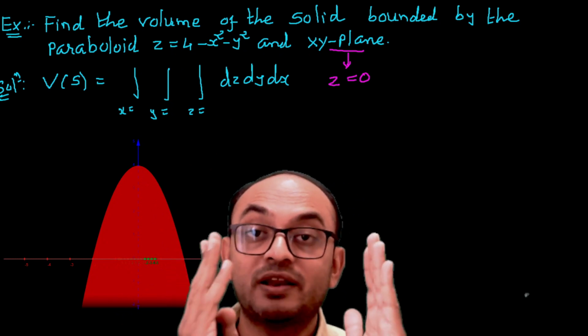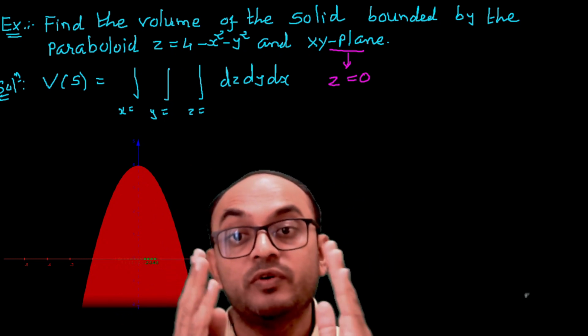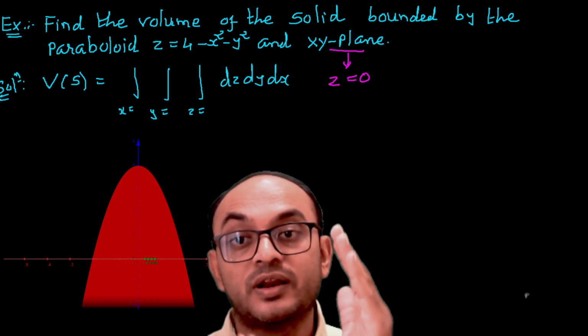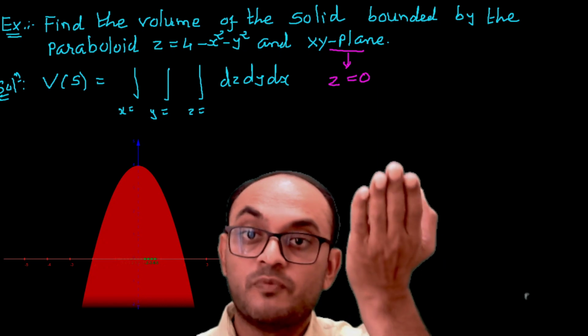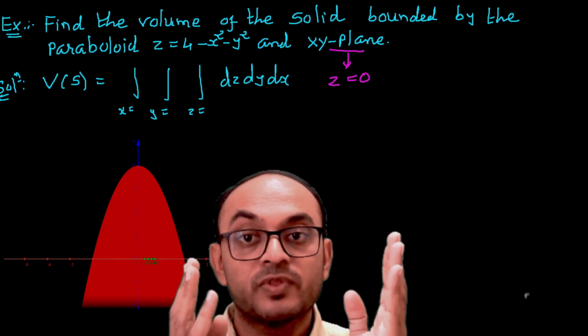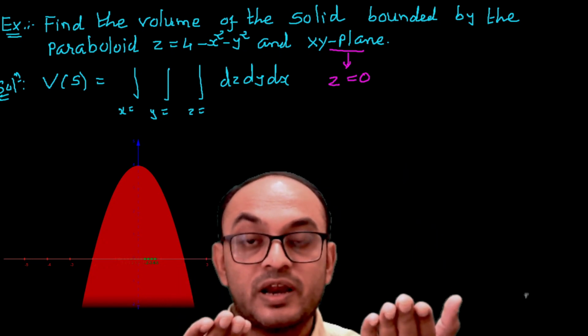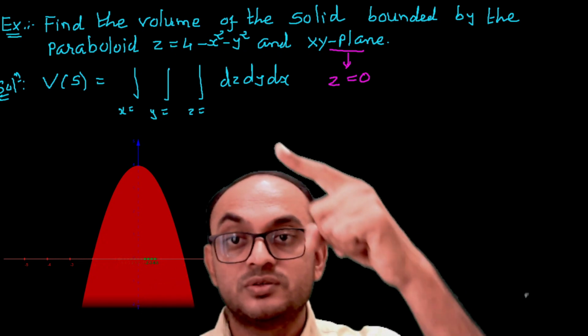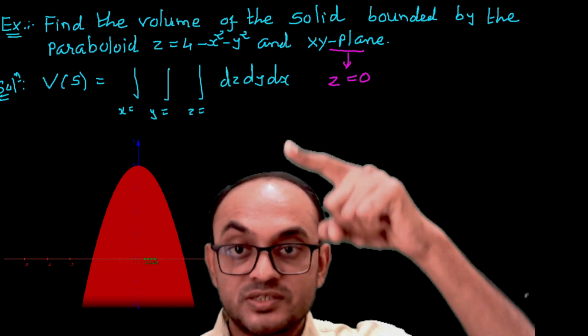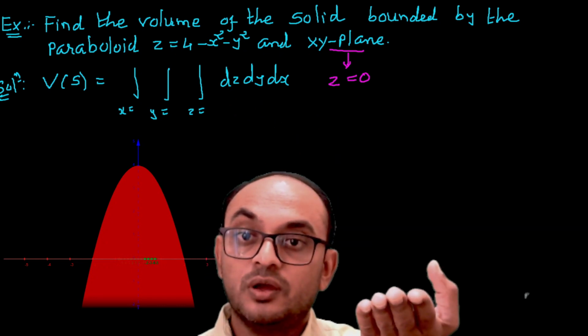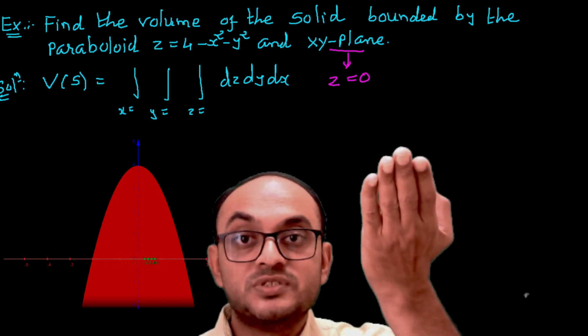Now, in double integration, whenever we were writing the limit of y, we walked vertically from bottom to upward direction. The same thing we do here. First we try to cover the z axis because first is with respect to z, and z is the vertical axis here, right? So we always walk from negative to positive direction.